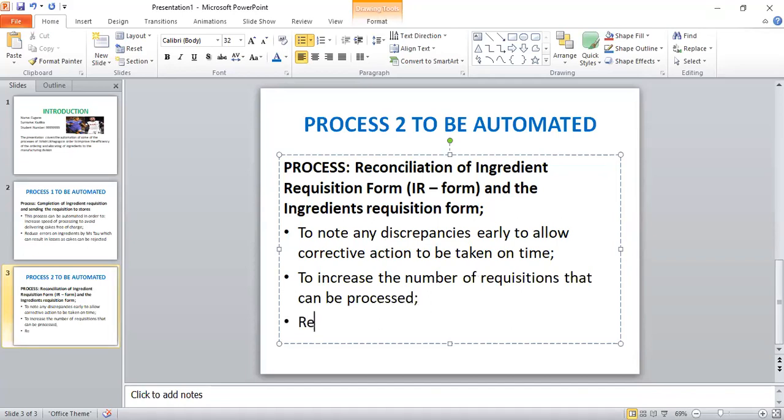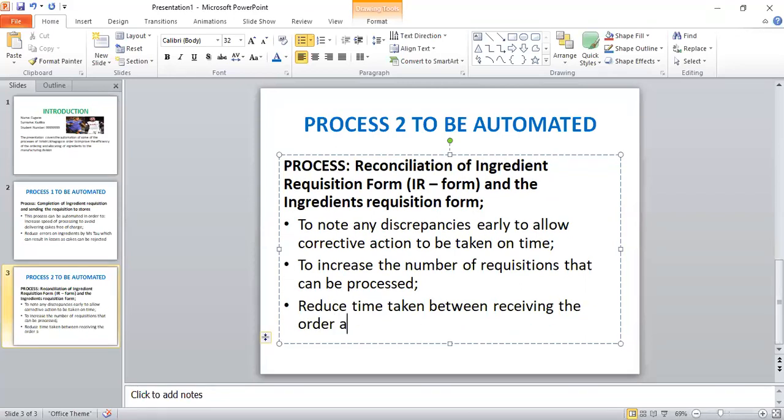We can also want to reduce the time taken between receiving the order and completing the order. So if everything is computerized, the processes can be linked.